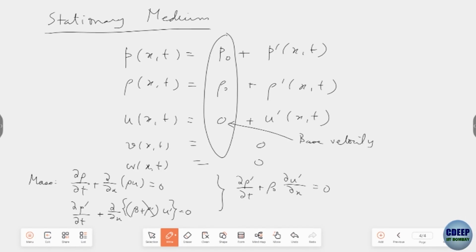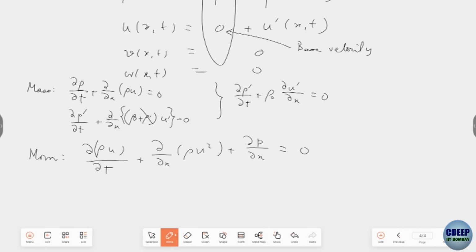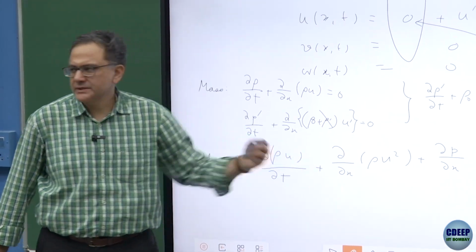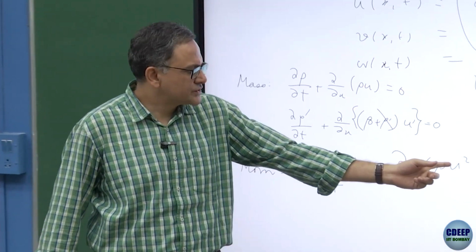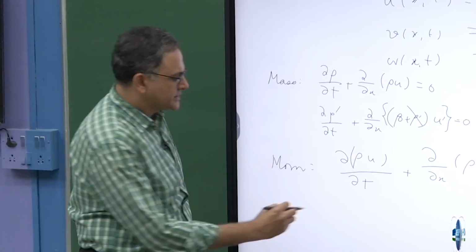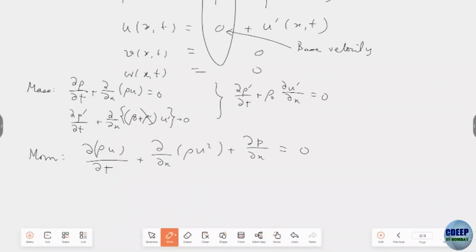What you're probably figuring out is that no matter what you do, this is a quadratic term because u is small, and so this is already quadratic, whereas this is linear. This you can linearize. So you will get rho naught del u prime by del t plus del p prime by del x equal to 0.